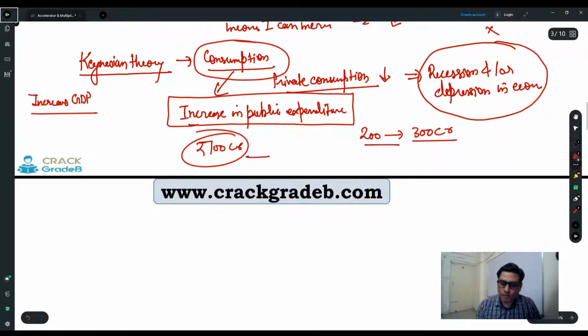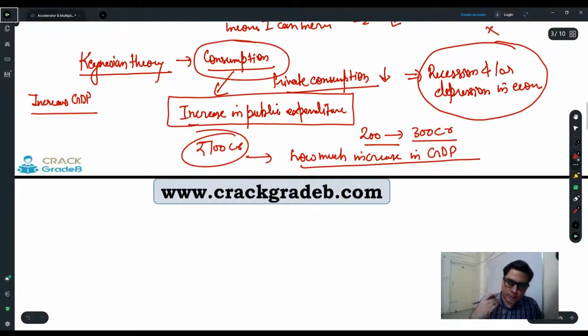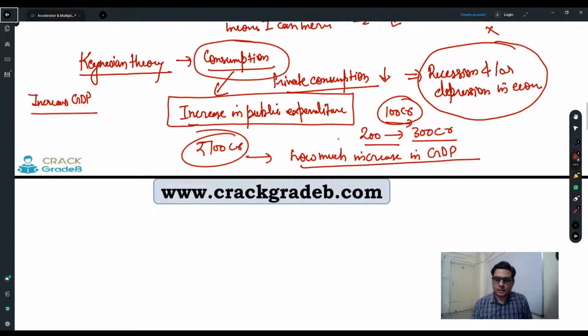Now what we have to look at is how much increase in GDP. The government has increased its expenditure from 200 crores to 300 crores. What is the marginal change? Marginal change is 100 crores, right? So the marginal change in government expenditure is 100 crore.